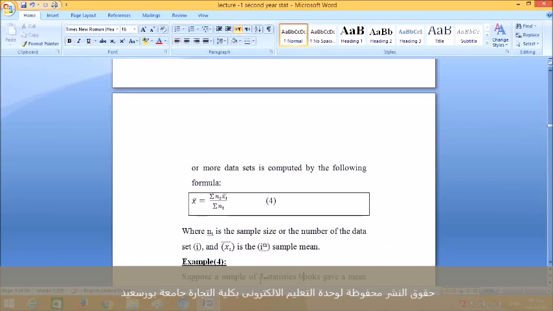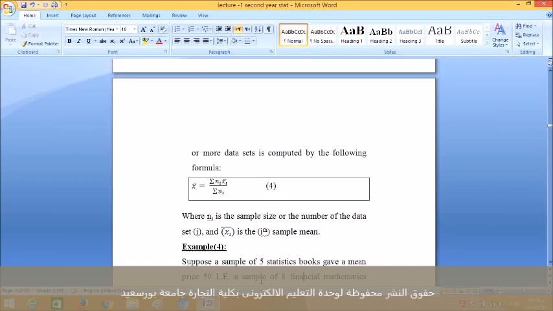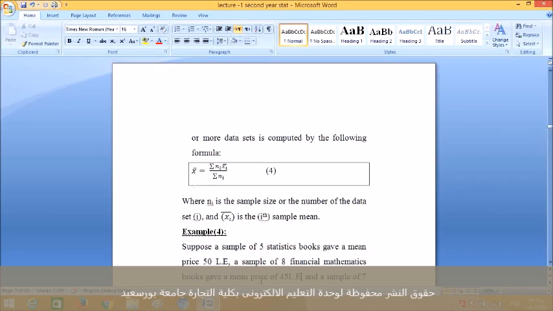So example 4 will explain this idea, I mean the combined mean. Suppose a sample of 5 statistics books gives a mean price of 50 Egyptian pounds. This is the first type of books.